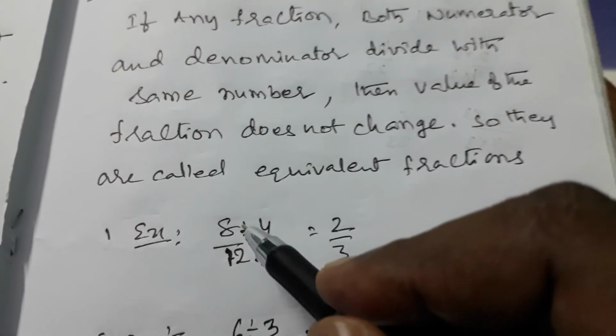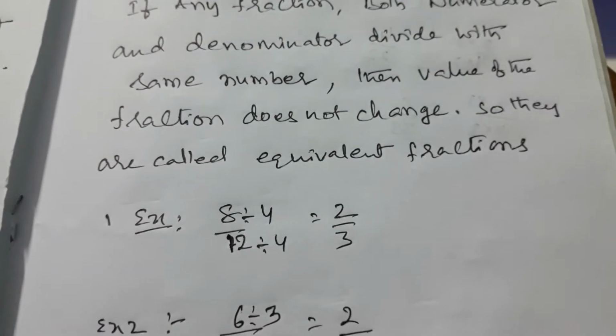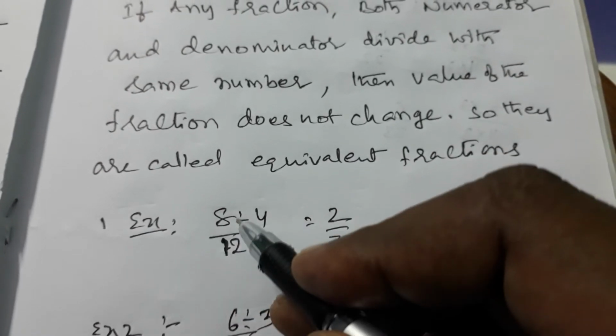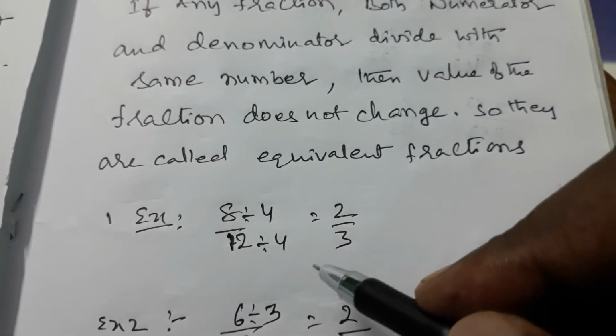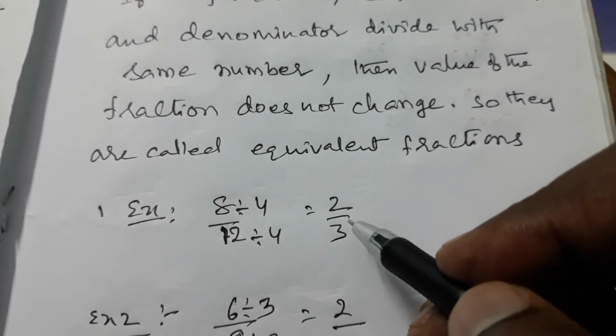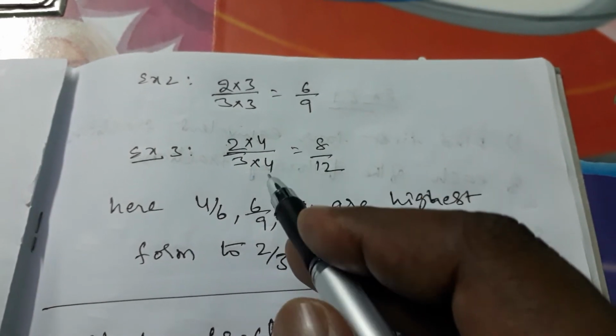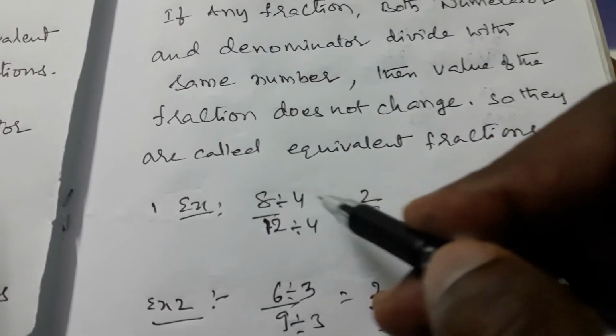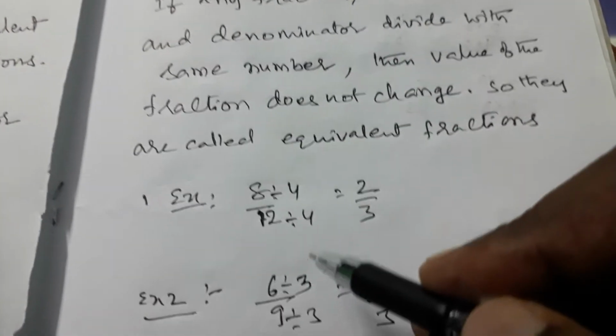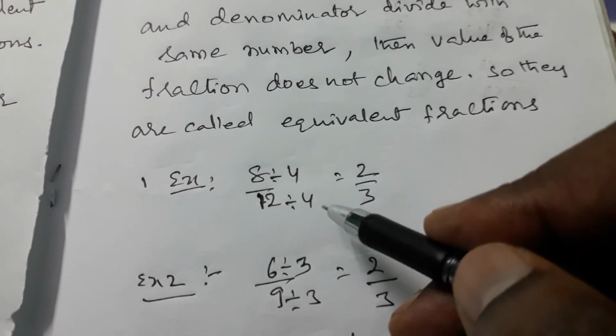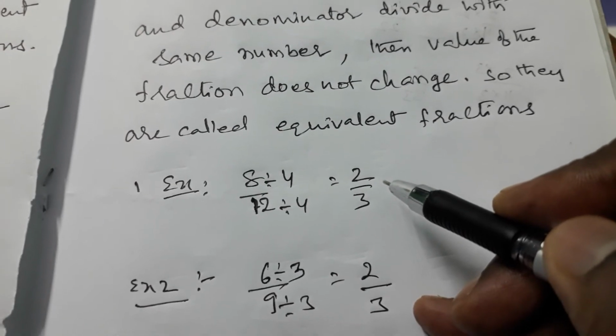For example, if I give a fraction 8 by 12, you can write its lowest form. How to write the lowest form? The higher form is made by multiplying numerator and denominator with the same number. The lowest form is made by dividing numerator and denominator with the same number, and you get a new fraction.